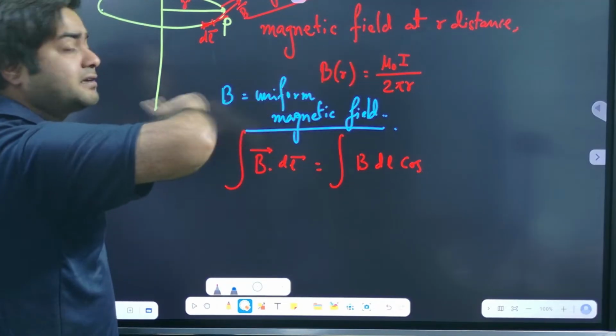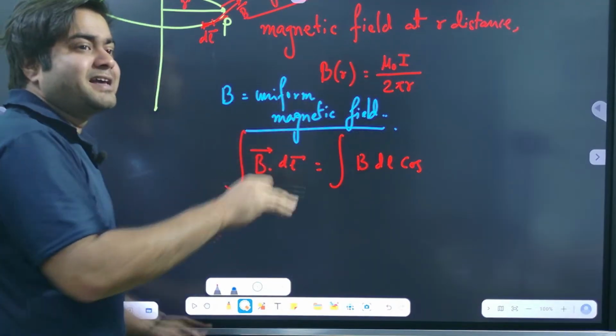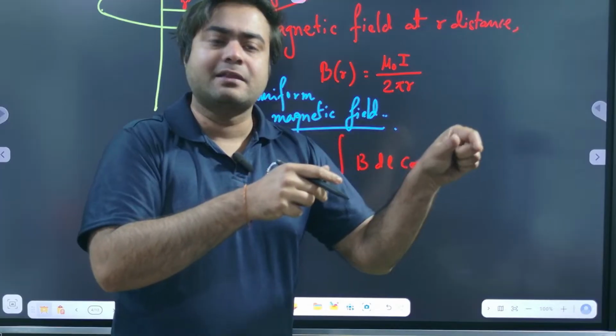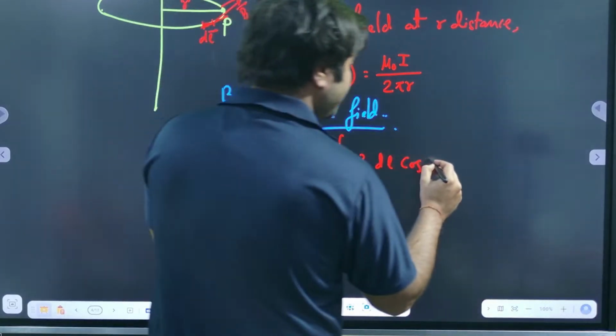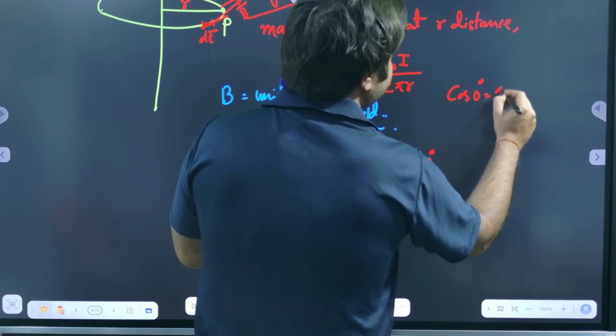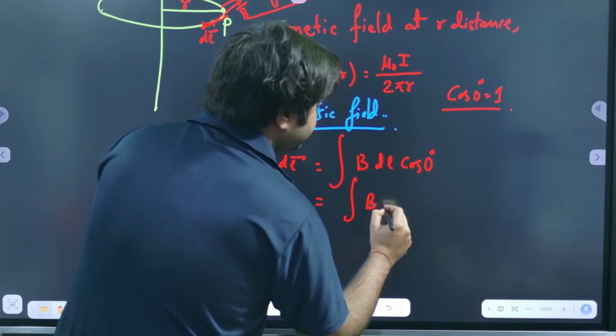What will the angle between B and dl be? That angle will be 0 degrees, and we know that cos 0 degrees is equal to 1, right? So this will simply become B dl.